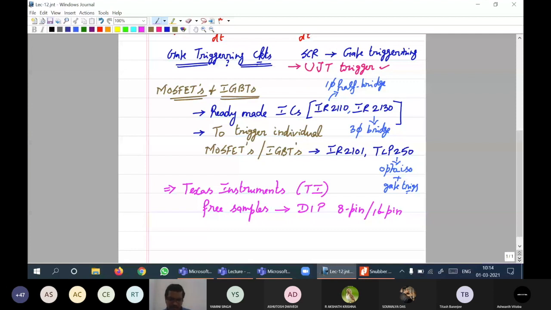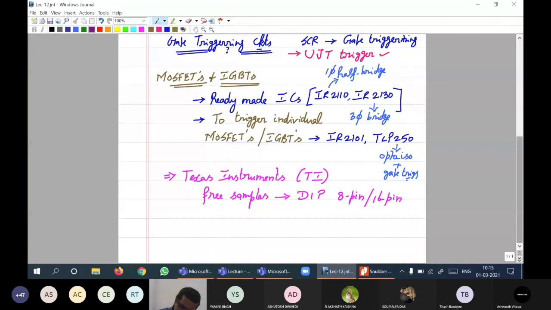The objective of triggering IC, I think I told you. The gate source capacitance, anyway, I will write it down as well so that you remember it, and it is recorded. The objective is to charge the gate source capacitance. I will write CGS. It will be CGE in case of IGBT.